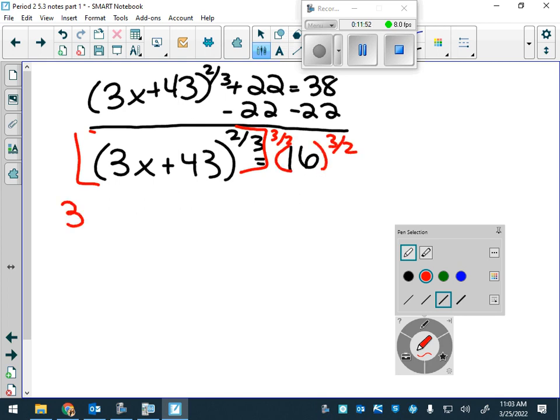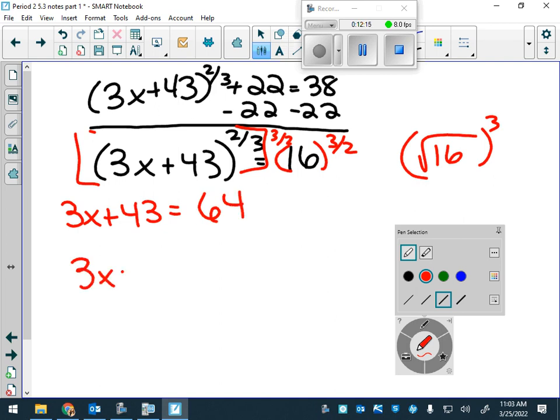Right? So I have 3x plus 4. Now, if I rewrote this, that's the square root of 16 cubed, right? What's the square root of 16? 4 cubed, 64, right? But we're taking the square root of either side. So plus or minus 64. So we have 64 and negative 64. You have two answers.